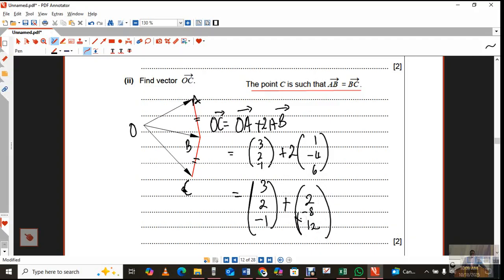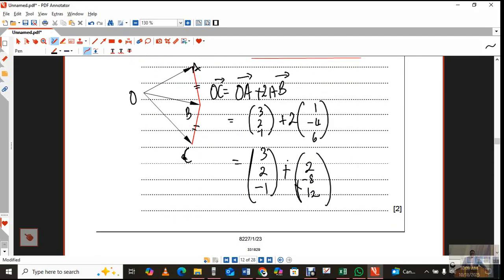All right, so let's just see what we have. OC is going to be 5i, 2 plus -8 is -6j, and -1 plus 12, so that's going to be 11k.